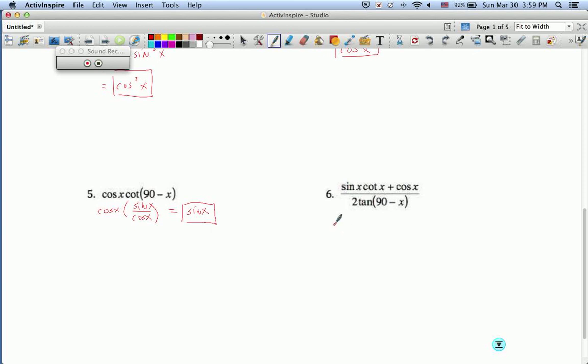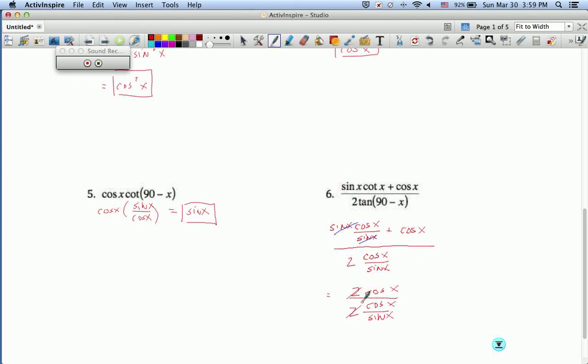So what do I have here? I have sine, and then cotangent is cosine over sine, plus cosine, over 2 cotangent. So here we have a couple of sines that cross out, and I'm left with cosine, cosine, so 2 cosine over 2 cosine over sine.